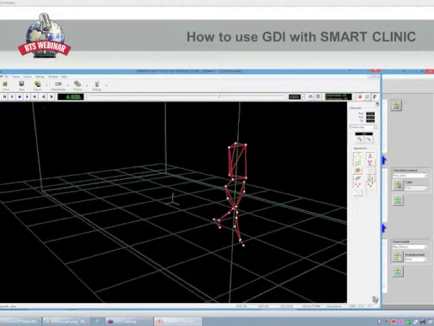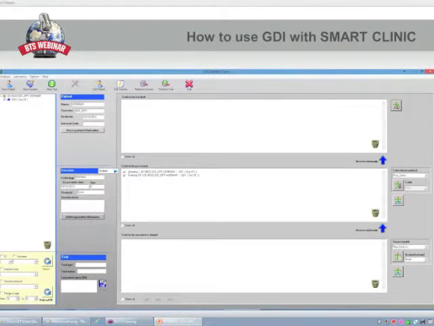launched automatically. Okay. So after you have tracked the trial, the next step is to run the protocol. So you can choose the proper protocol to run the GDI from the ones available within the list.